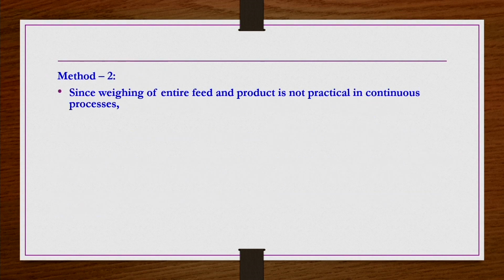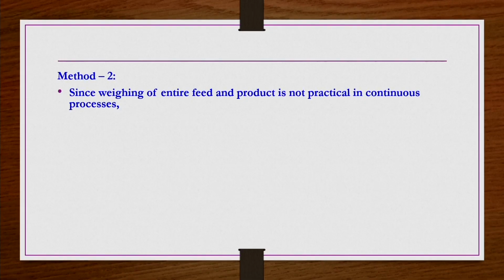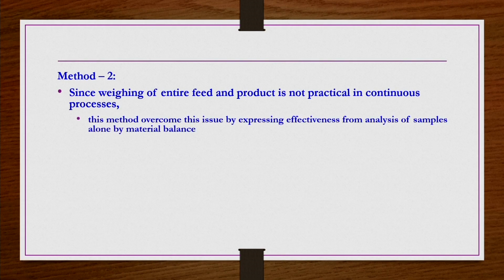Now we go to the second method, which overcomes the requirement of knowing the feed and product weights in a continuous process. We do it by a simple material balance.